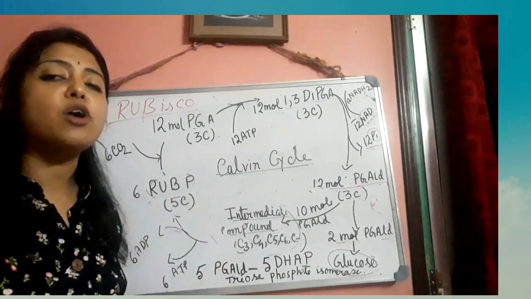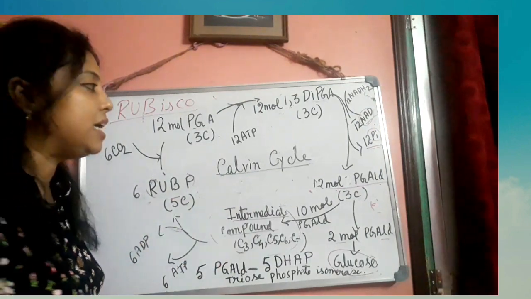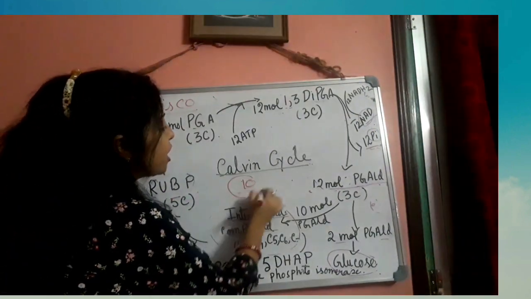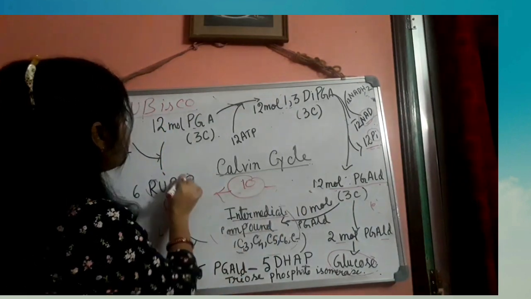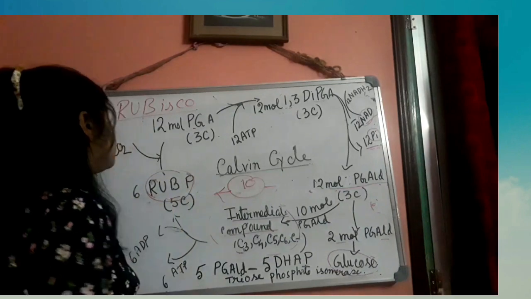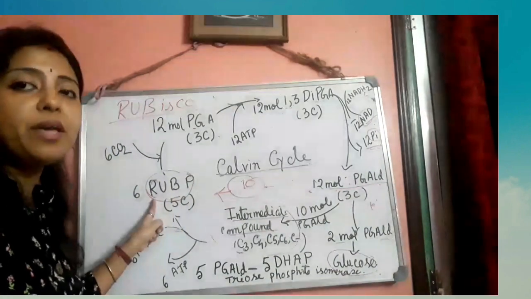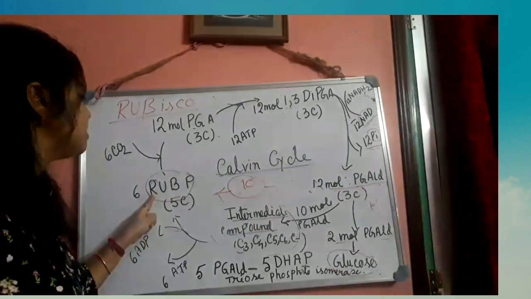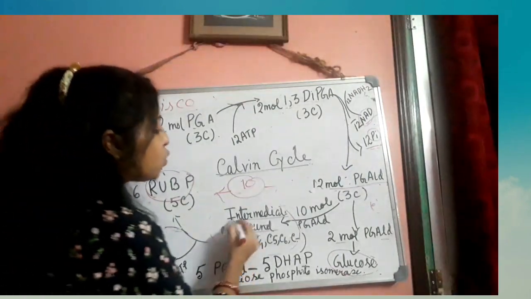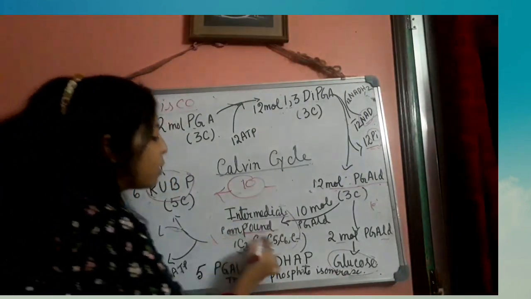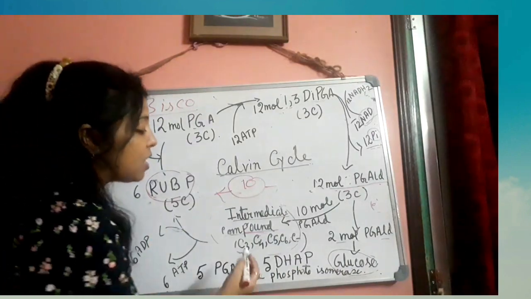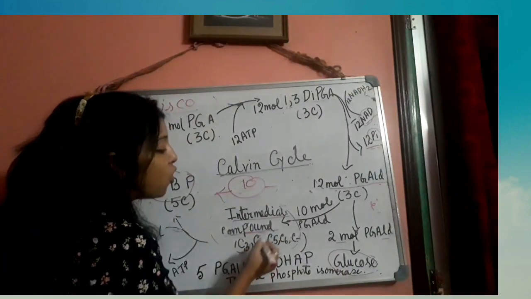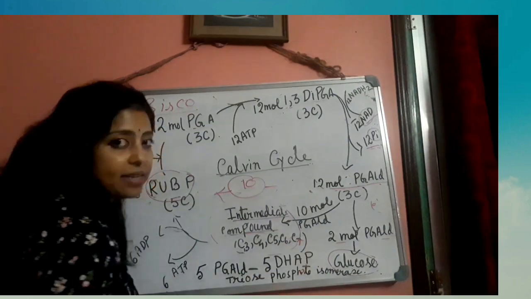Among these 12 molecules of phosphoglyceraldehyde, 10 molecules will be regenerating, will be resynthesizing RuBP through forming some intermediate compounds, where the number of carbon will be 3, 4, 5, 6, 7 like that.